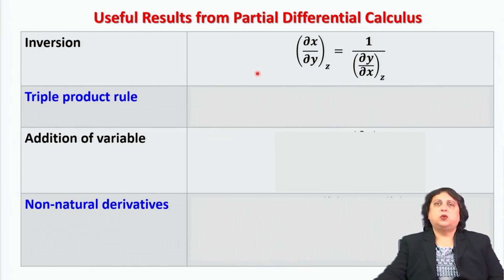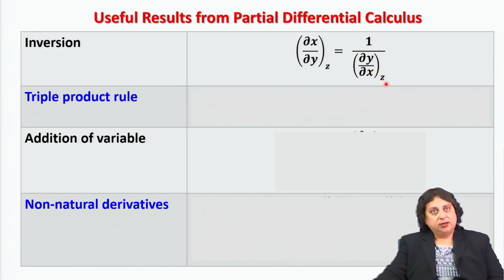All the thermodynamic quantities that we are dealing with actually follow this particular rule. If I have del x del y keeping z constant, in that case I can write it as the inverse of del y del x keeping z constant.